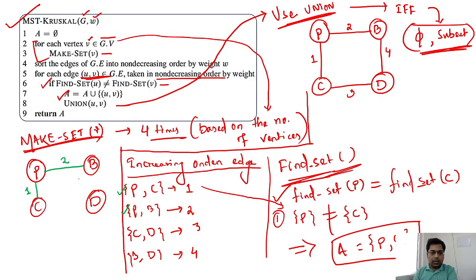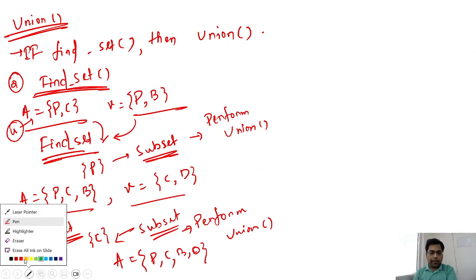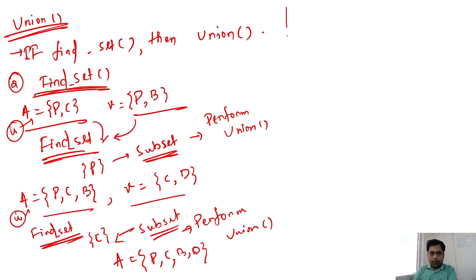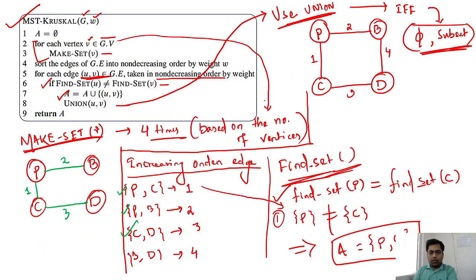I'm just changing the color now. C to D will be considered. Okay. Next could be B to D. We have to check B to D.